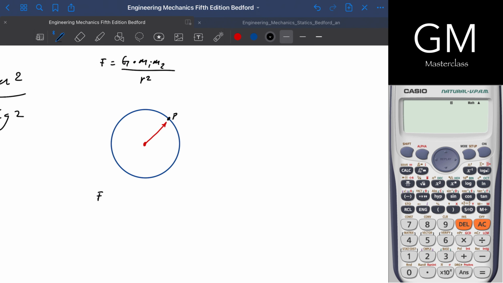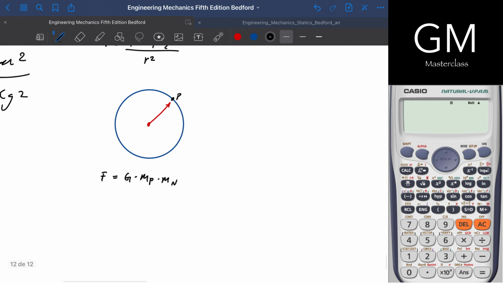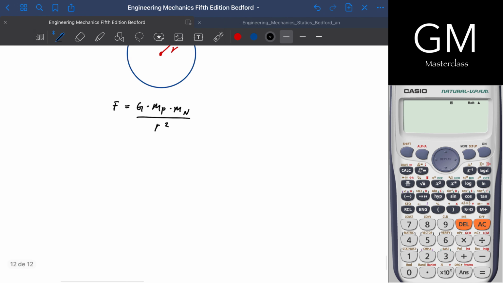The force that is attracting the particle to the center of the planet is equal to G multiplied by the mass of the particle multiplied by the mass of the planet, which in this case I'm going to call mn in the case of Neptune, divided by the distance between them, which is the same as the radius of the planet, evaluated to the second power.